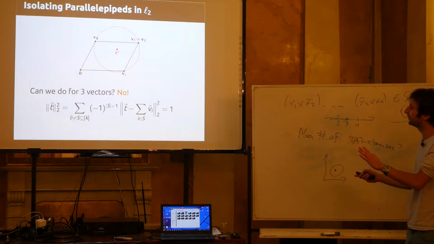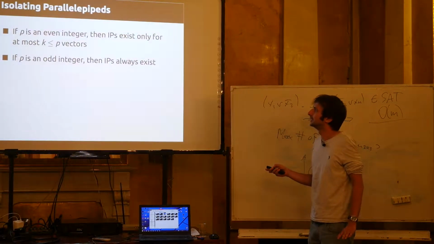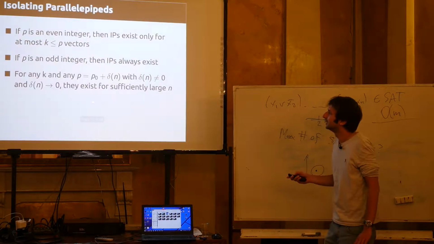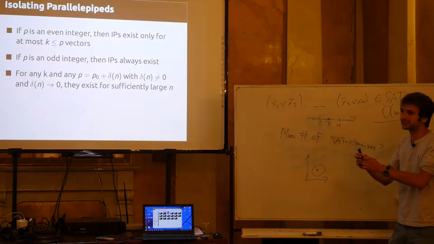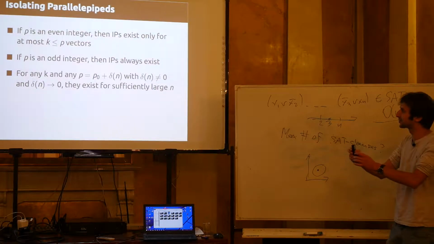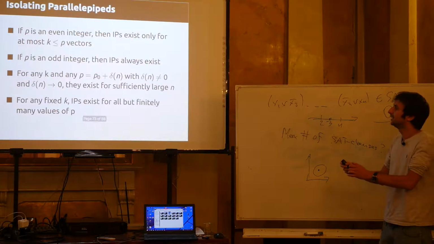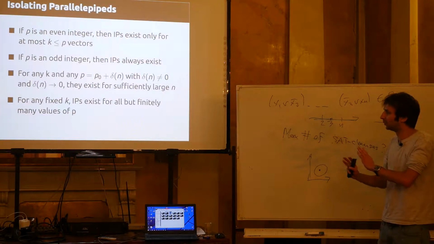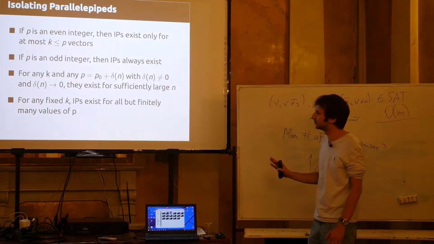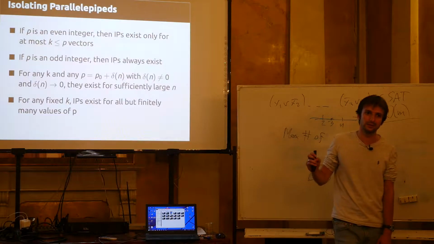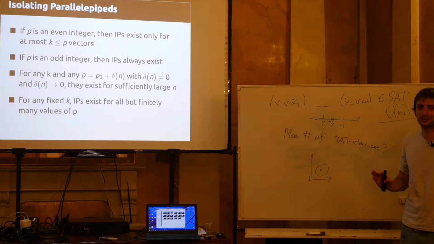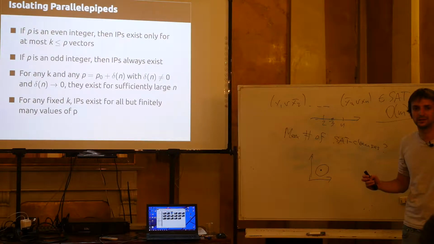When you have even integers, it doesn't work. If it's an odd integer, then it's easy to construct. If it's a sequence going arbitrarily close to an even integer, then we can construct it. For every k, we can construct it for all but finitely many, actually polynomially many in k, values of p.